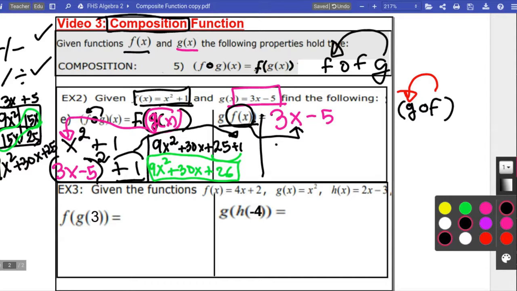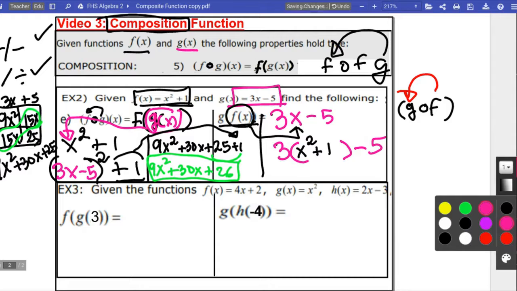You're going to write your 3, open the parentheses for x, and then you're going to put the F in for x. So let's continue: x squared plus 1. Got it. Minus 5.